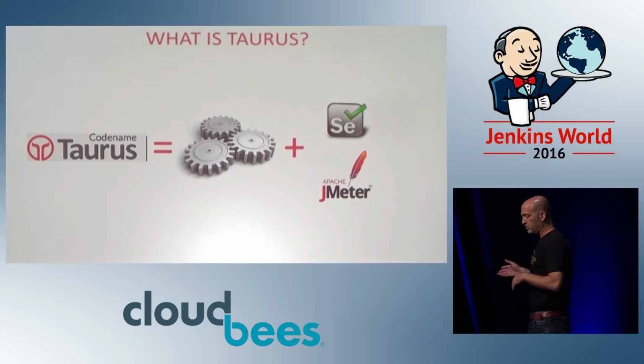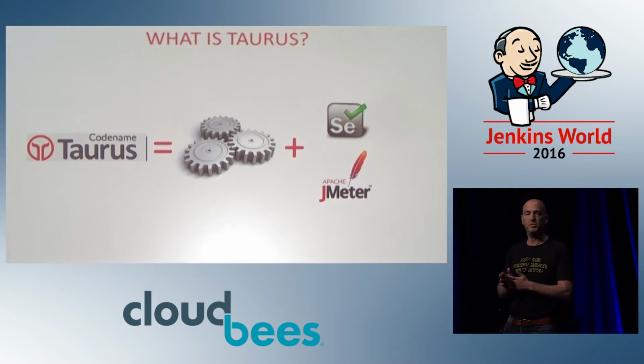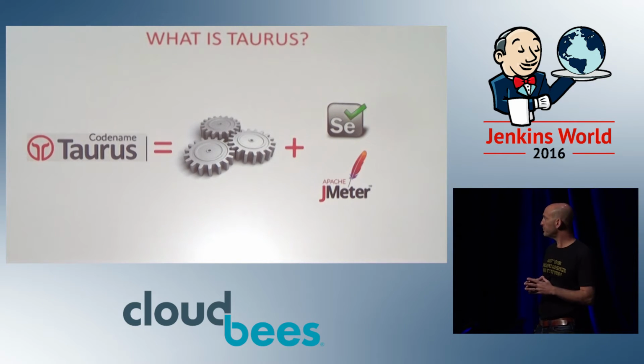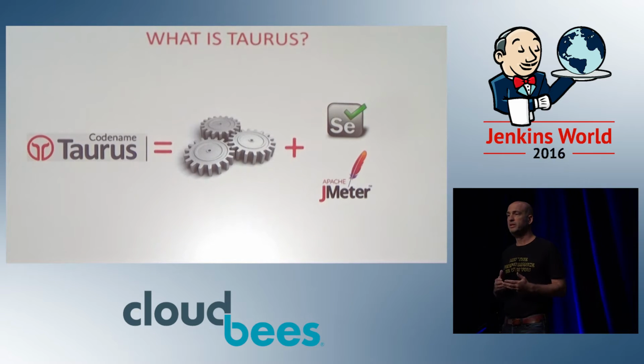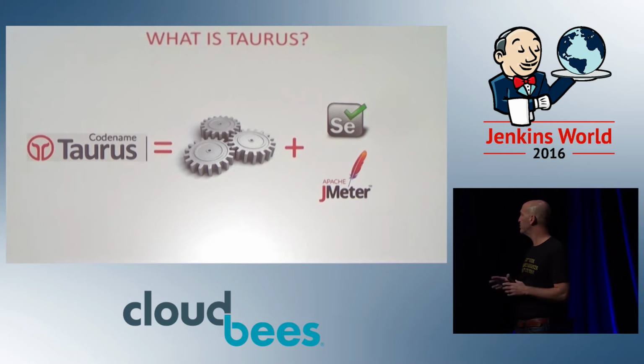And most of you raised your hand when I asked about Selenium and JMeter. How many people know what Taurus is? Okay, so hopefully you'll learn something new today. Taurus is basically a test automation framework. It is another completely open source tool.